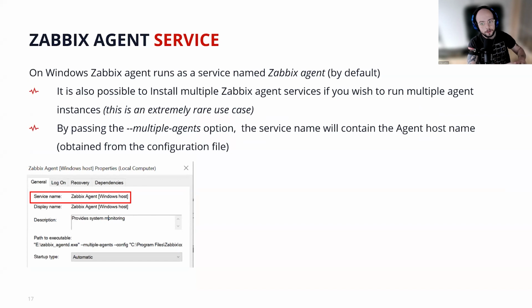What this will do, it will add the agent host name obtained from the config file to the service name, because we cannot have multiple services named the same way when also listening to the same port. Here you can see I have my custom agent name, Zabbix agent Windows host, grabbed from the config file.